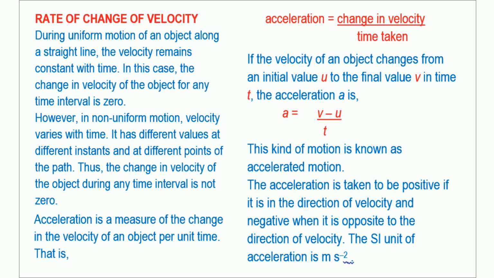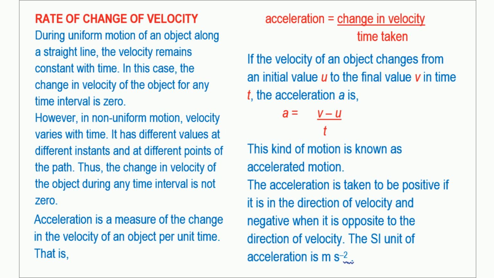Now suppose we also see the time. For the first 2 minutes, it is at 10 km per hour. Then after 2 minutes, it is at 20 km per hour. After 2 minutes, it is at 30 km per hour. So you know that here the speed is increasing every interval of time.